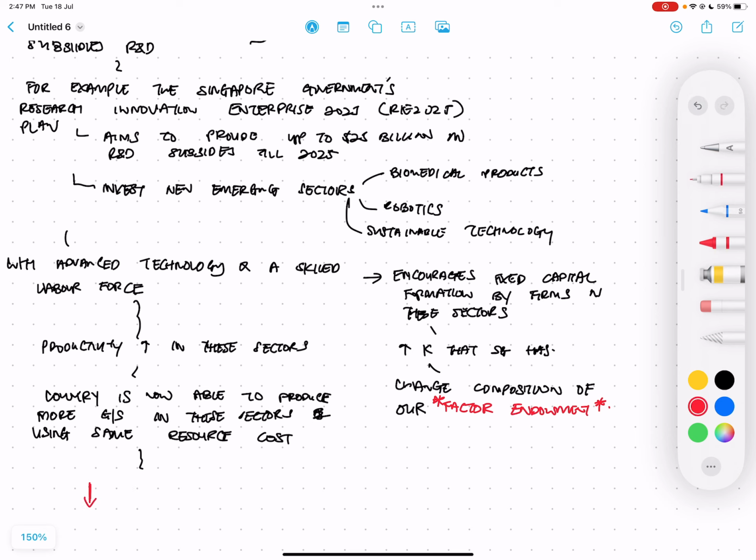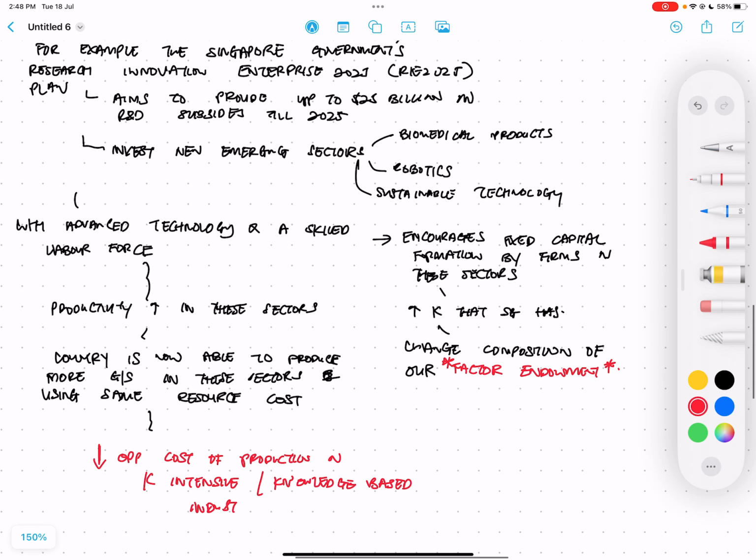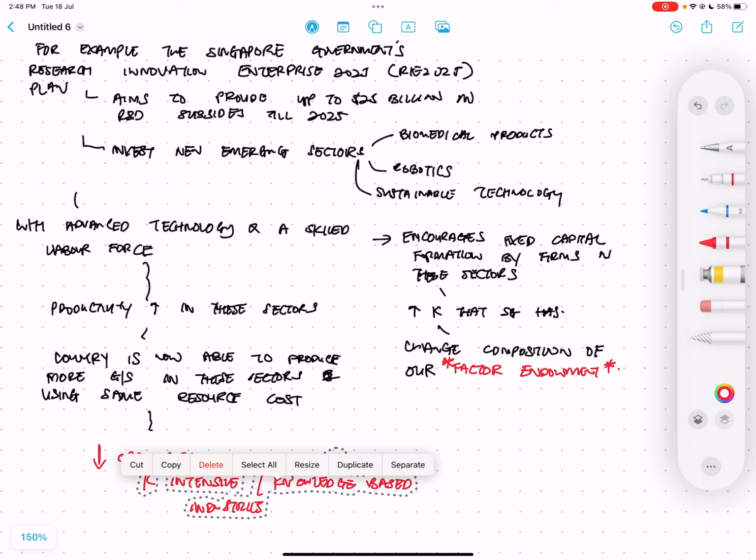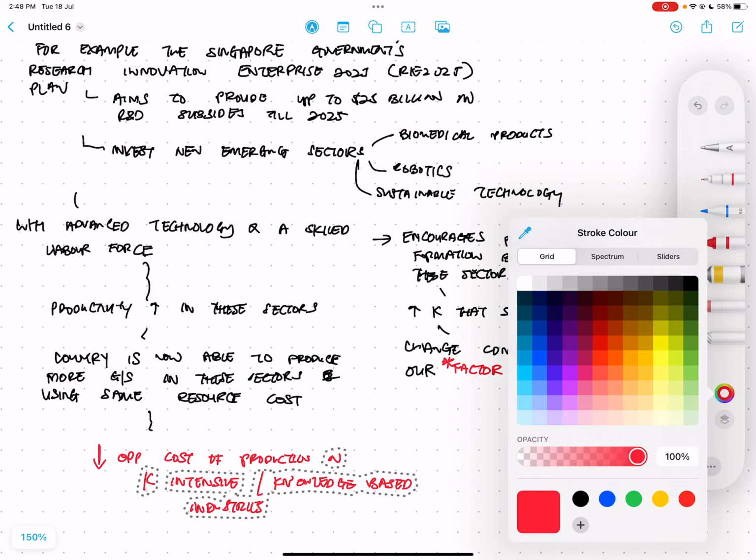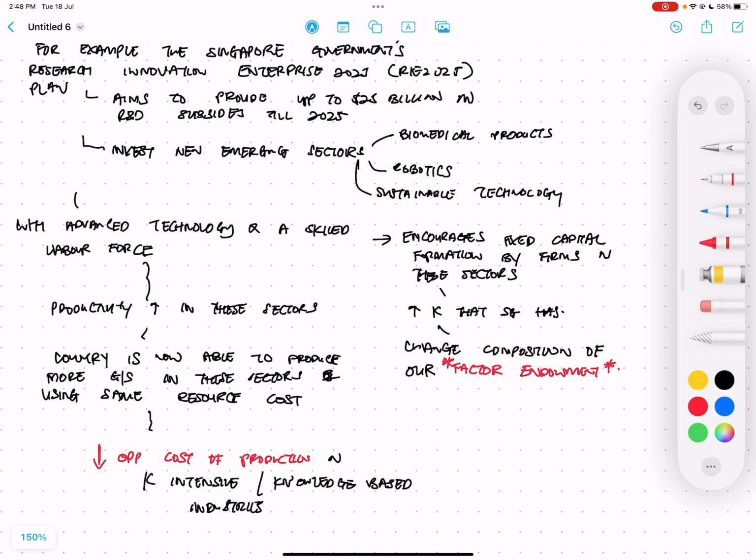So this decreases the opportunity cost of production in capital intensive or knowledge based industries. I just need opportunity cost to be in red. Okay, so they'll decrease the opportunity cost of production in capital intensive and knowledge based industries.